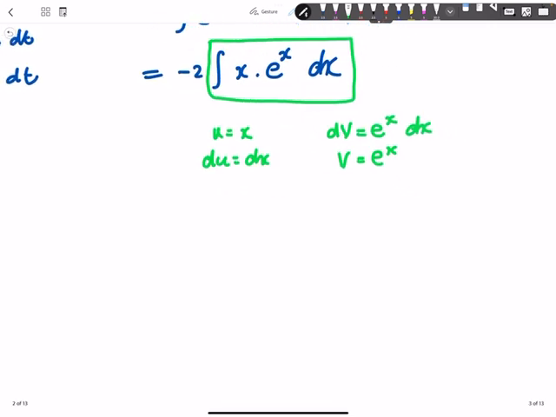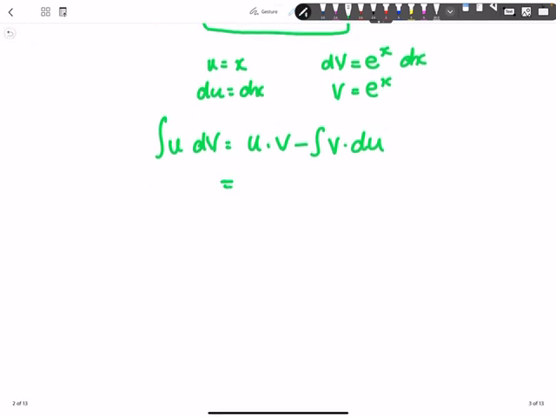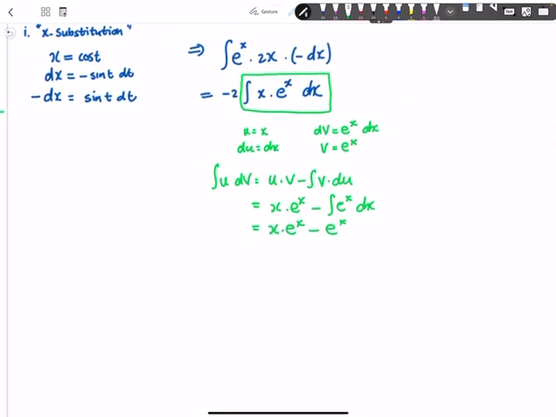And then our formula says the integral of u dv will become u times v minus the integral of v du. All right, so this is going to be equal to x times e to the x minus the integral of e to the x dx, which is just equal to x times e to the x minus e to the x.